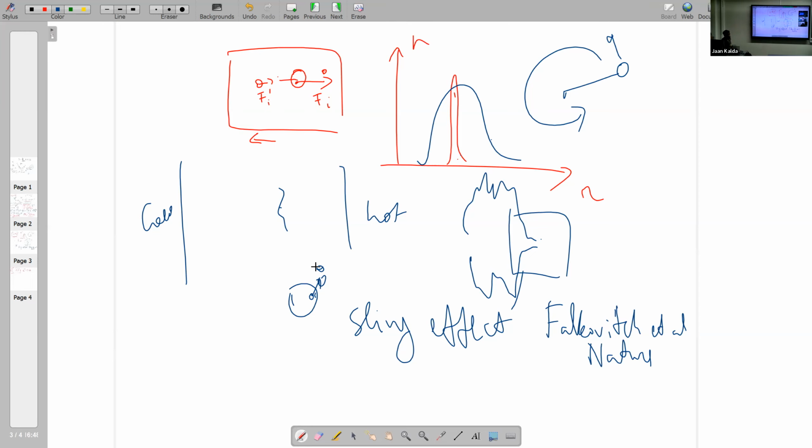So it's more or less clear what is going on. Just keep in mind that there is the so-called bottleneck problem, and there are different explanations, the most famous one being the Falkovich one, the sling effect. There is still seemingly some mismatch between the estimates, and there is still ongoing research in this regard.